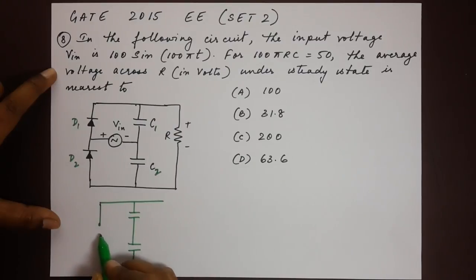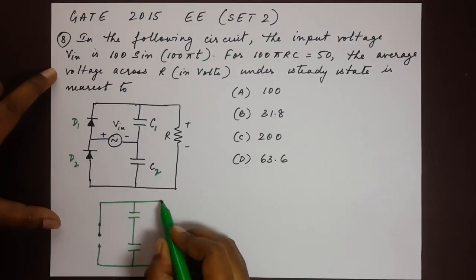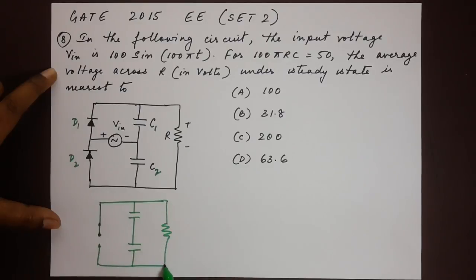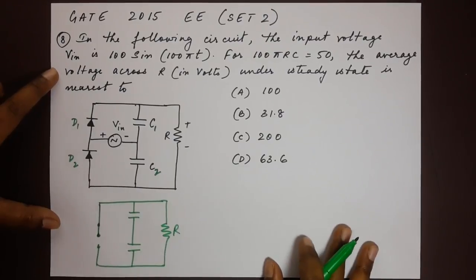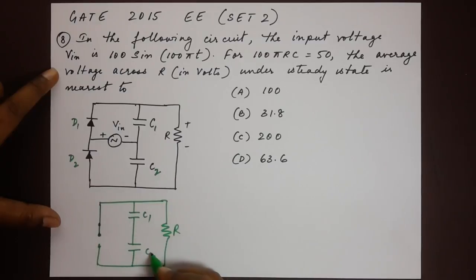This would be open. So this is our R, C1, C2, we have our input here. Okay, so this is open because D2 is in the reverse bias, and this is closed because D1 is in its forward bias, plus, minus.